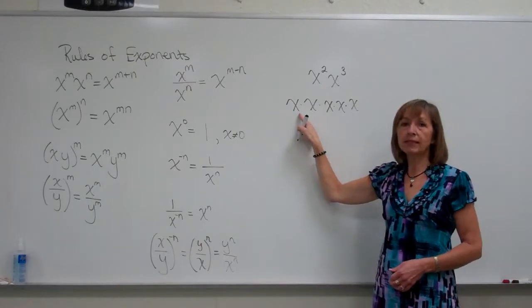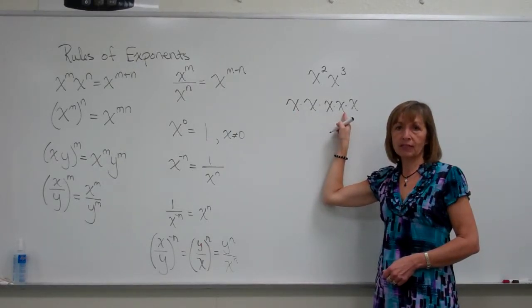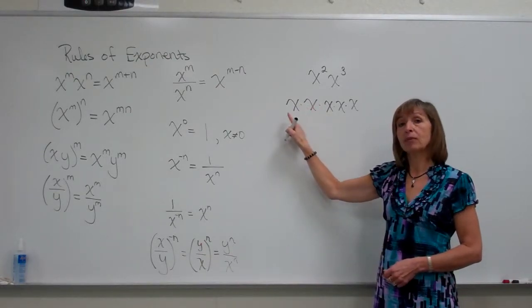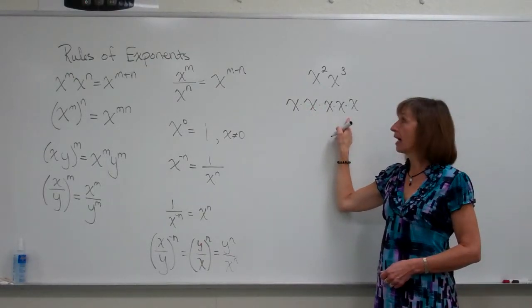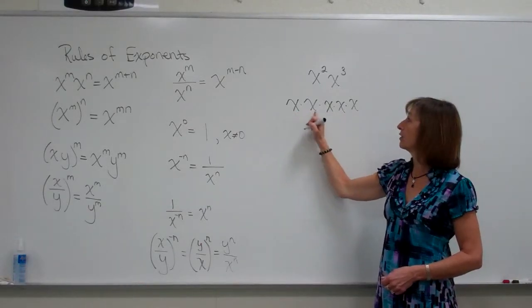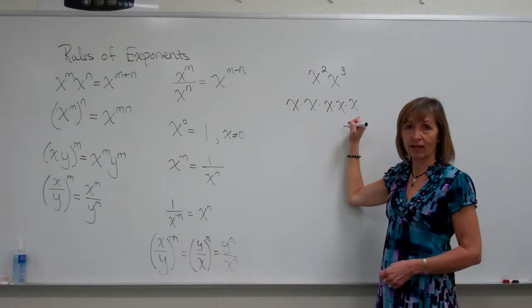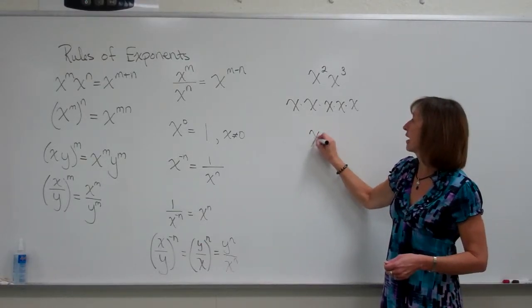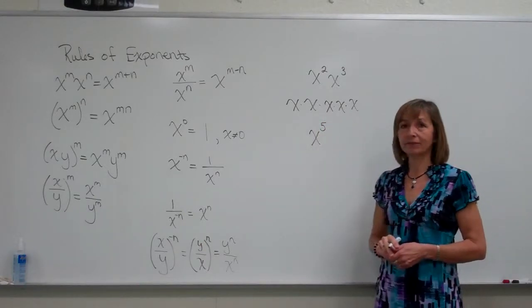So I've just rewritten that problem without using its exponents. Well, because it was multiplication, and because they were all the same base, I really just have a repeated multiplication of x, but there are 1, 2, 3, 4, 5 factors of x. So I can write that back into the notation of the base of x with an exponent of 5.